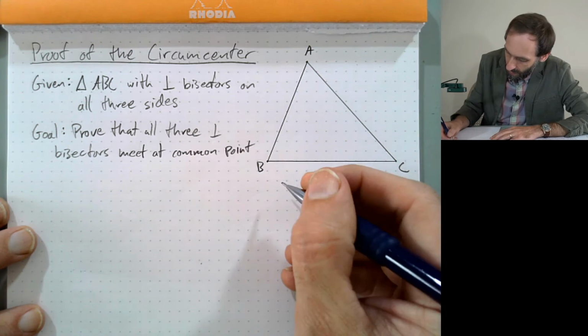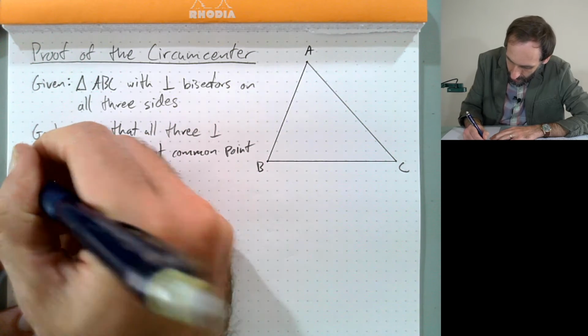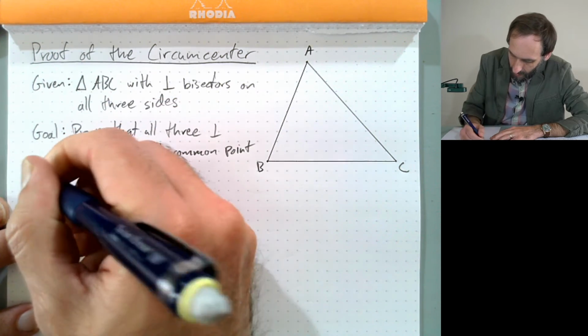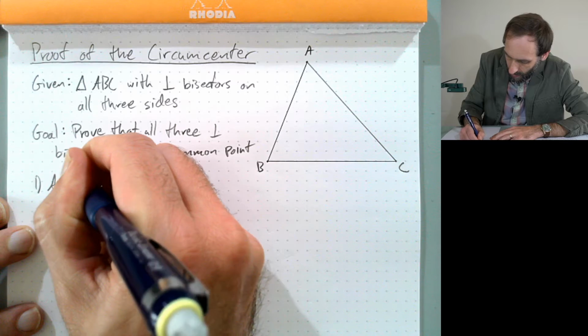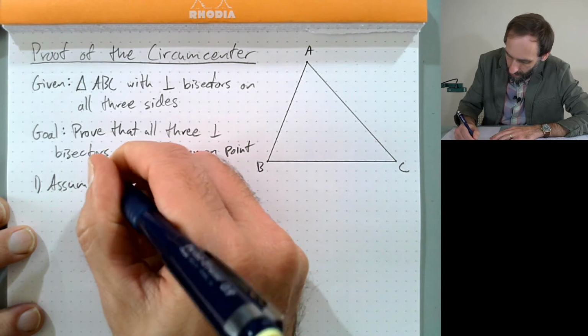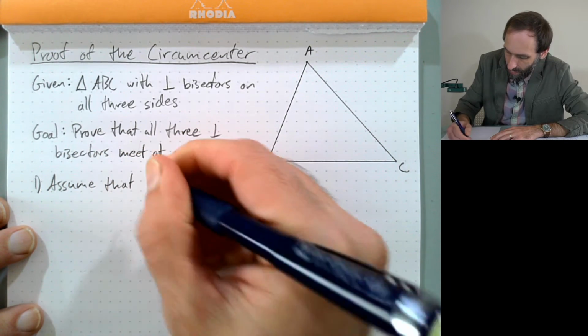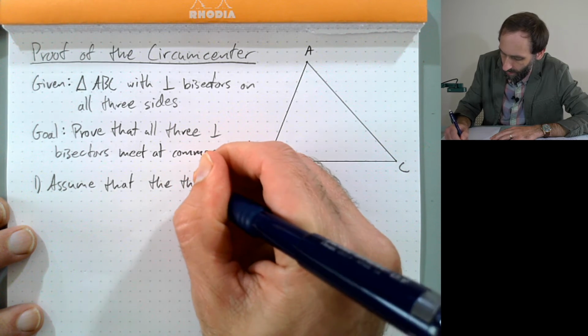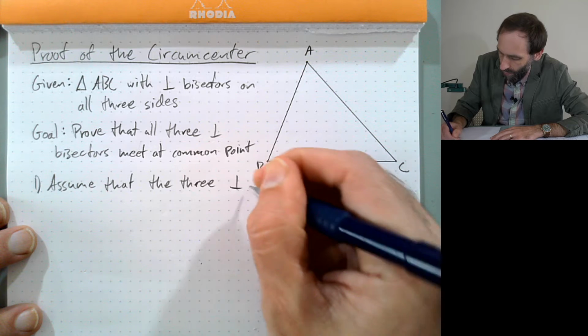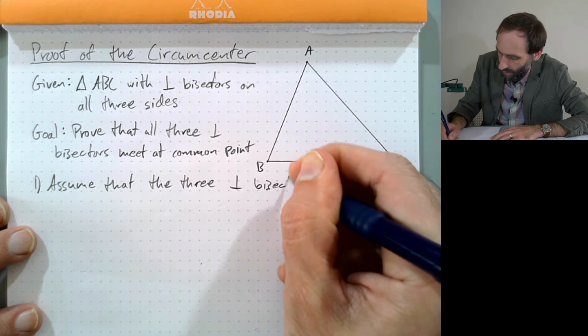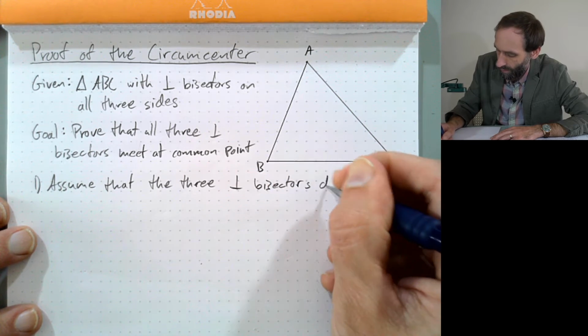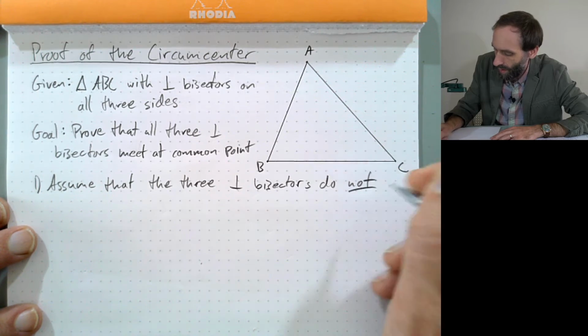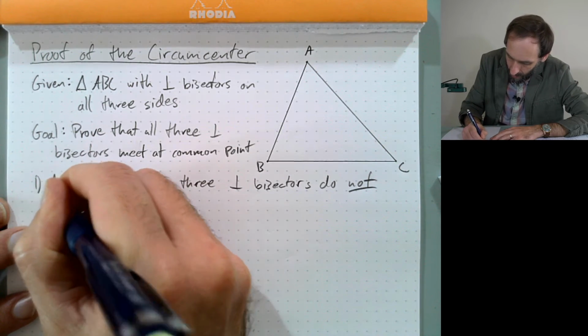So our first step is actually to say the following. Step 1, assume that the three perpendicular bisectors do not meet at a common point.